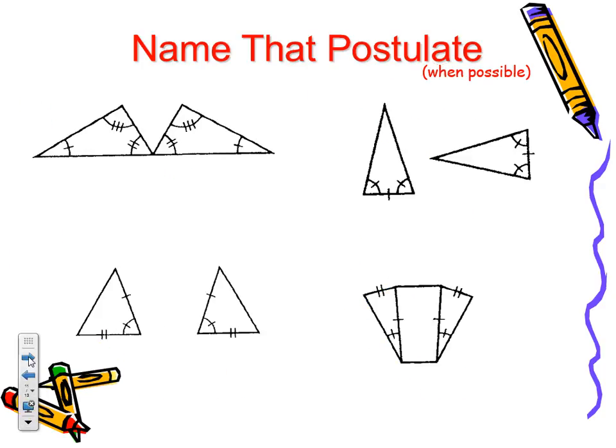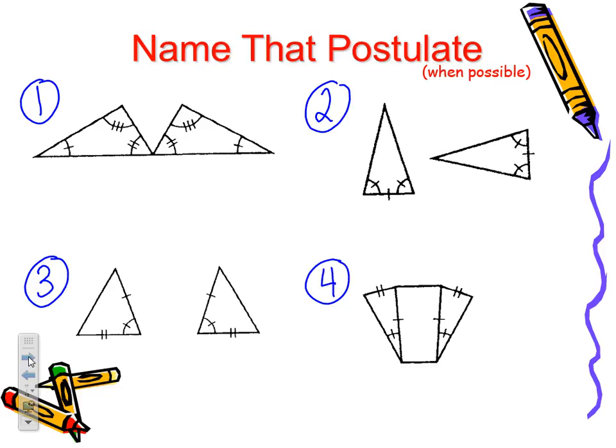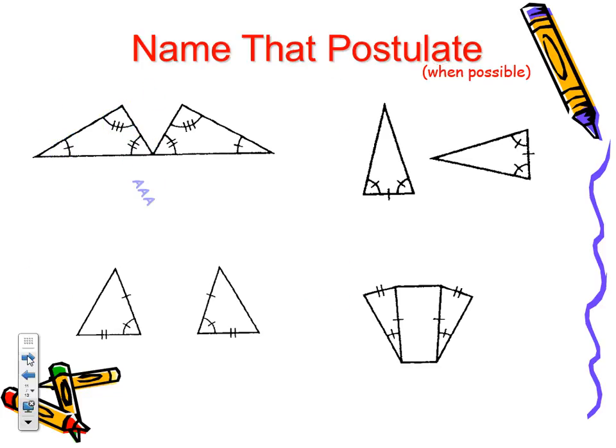All right, moving on. Number 1 on this page. Don't write these down again. I'm just going to go through them, okay? So you don't have to write any of these down unless you want to. So on this first one, we have angle, angle, angle. But what do we know? There's no AAA, so this is not congruent.